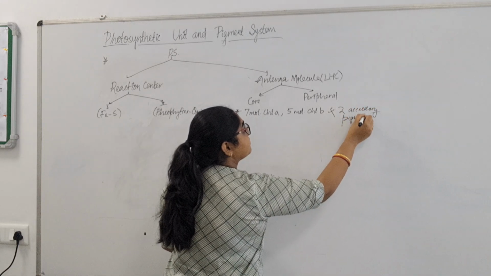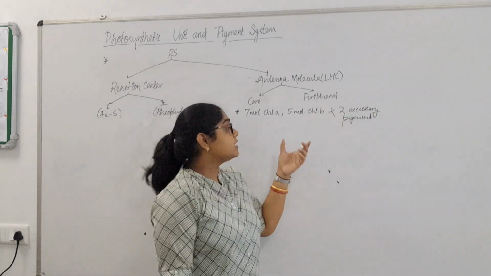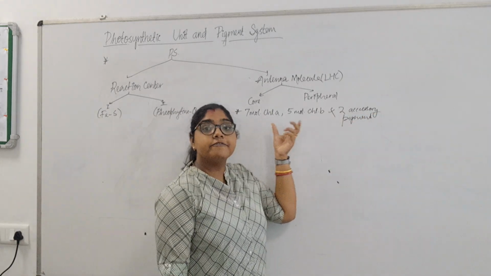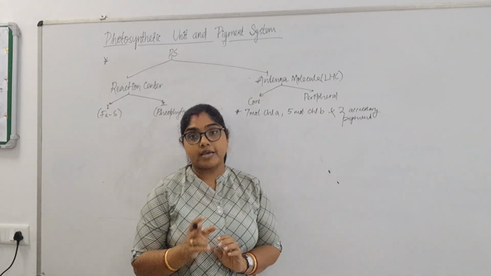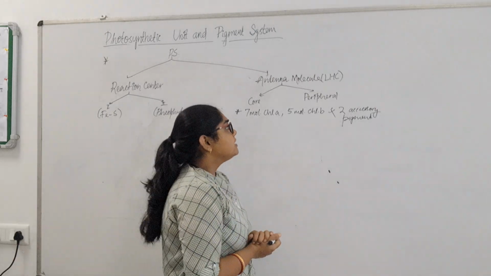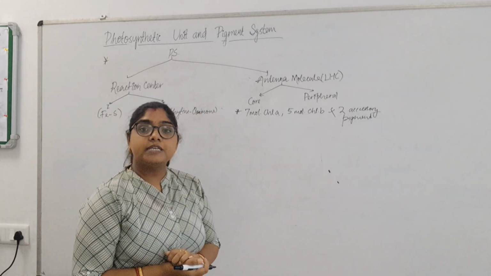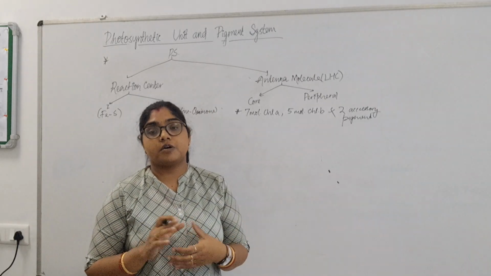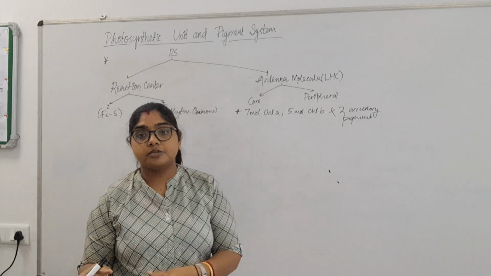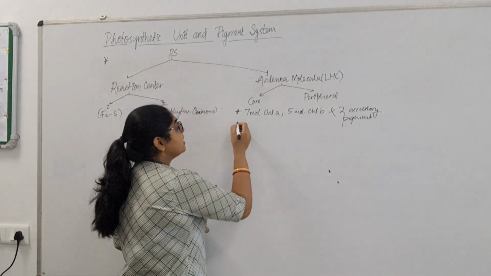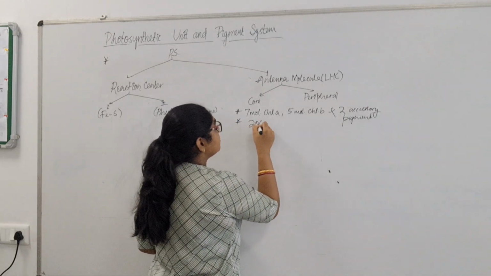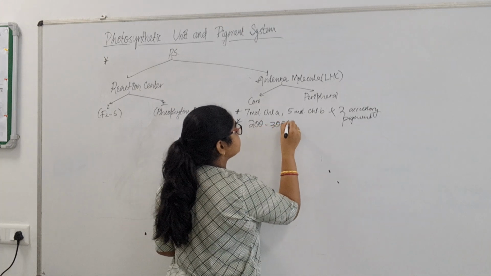In general, a light harvesting complex contains 7 molecules of chlorophyll a, 5 molecules of chlorophyll b and 2 accessory pigments. The number of pigments in a light harvesting complex varies from organism to organism or species to species, that is 200 to 300 pigments.